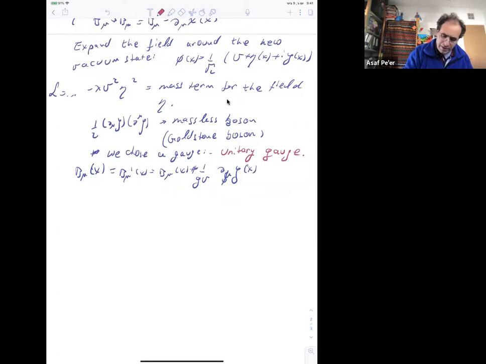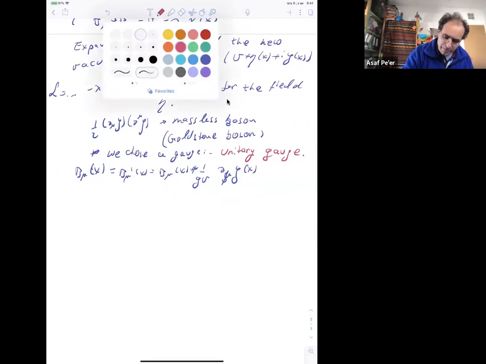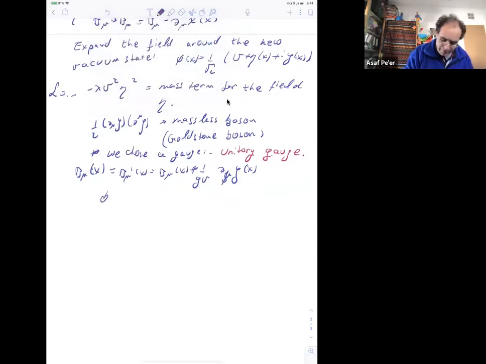Basically it's similar to choosing phi prime of x to be e to the minus i psi of x over v times phi of x.